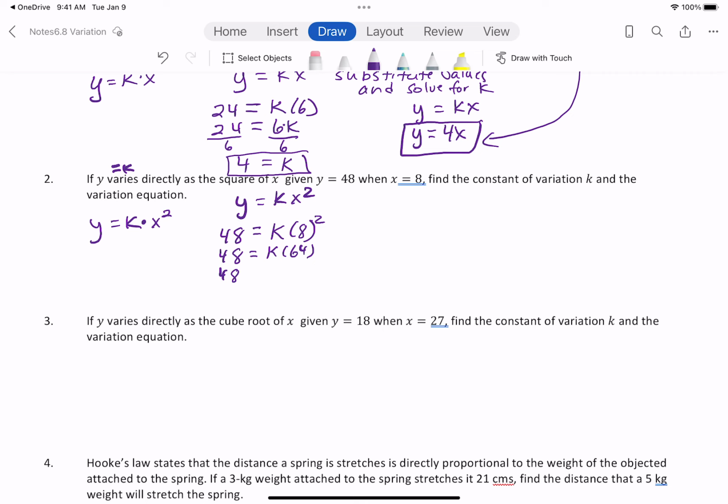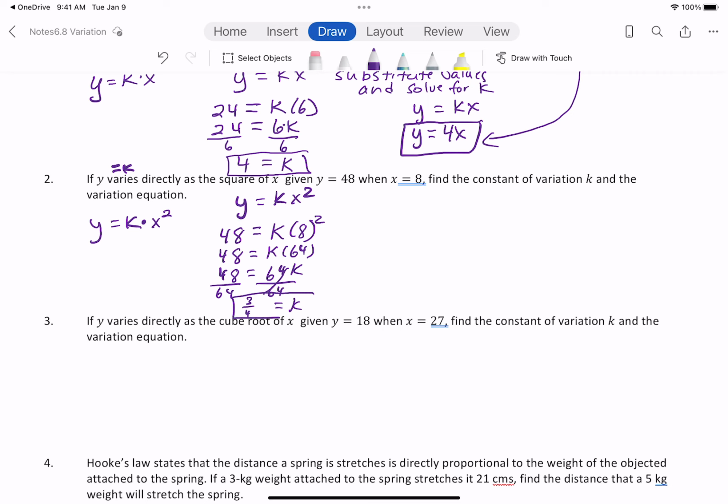And then you can write this in the order that we're accustomed to seeing it. Then to solve for k, we just need to divide. So this is going to give me k equals 3/4. And the way I got 48 over 64 equals 3 over 4, I just entered that into the calculator and let it simplify it for me.